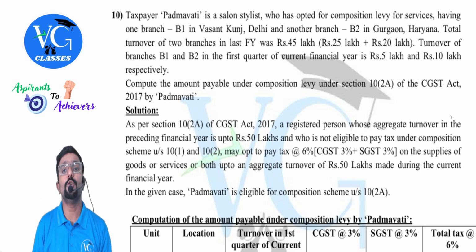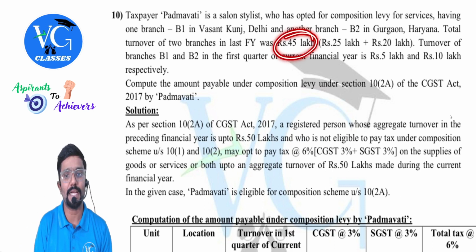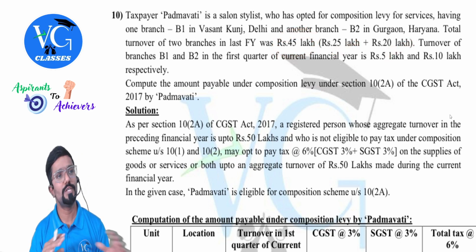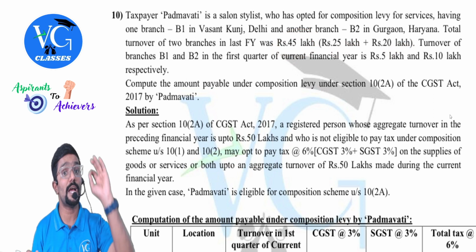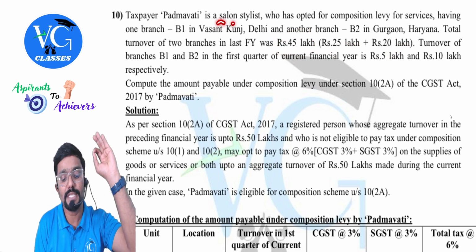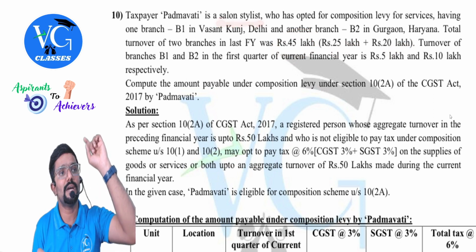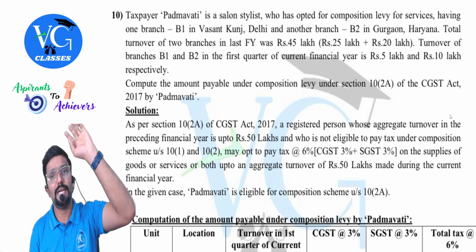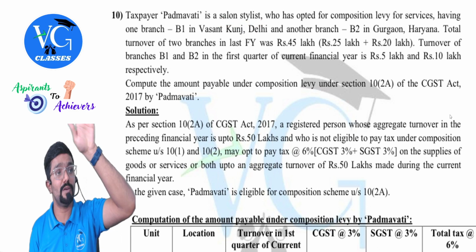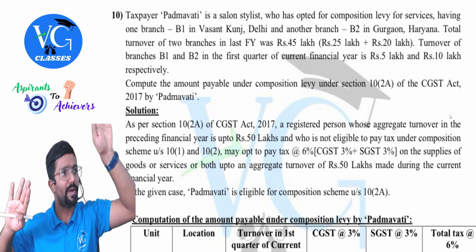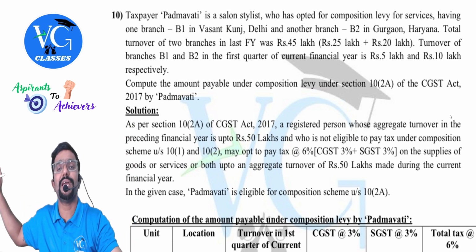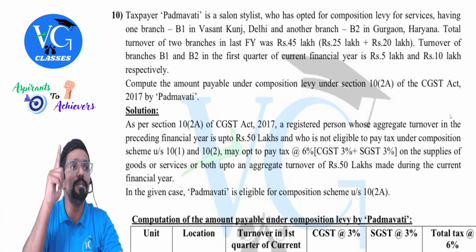Total turnover of the two branches in the last financial year was 45 lakh, that is 25 lakh in Delhi and 20 lakh in Haryana. Total is within 50 lakh. Yes, and please be careful. She is a saloon stylist. Is it covered in 10(1)? No, it is not covered in 10(1). And she is not engaged in RTM also, because RTM along with marginal was okay, but she is not doing anything related to RTM. So straight away she has to go and knock the door of what?